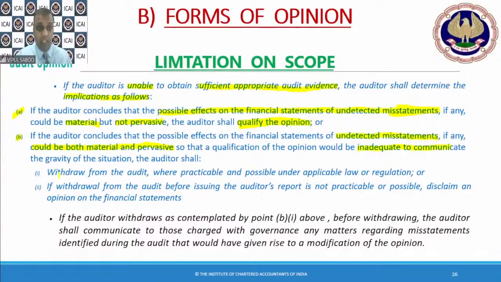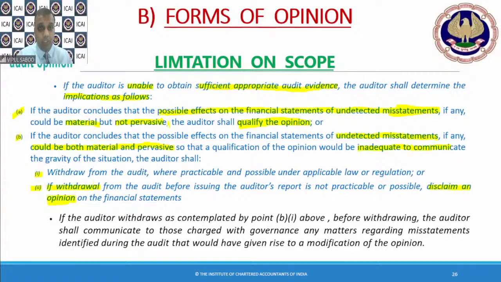So either he will withdraw from the audit, if possible under the applicable law. If he cannot withdraw at this point of time from that engagement, he has to issue his audit report. He will disclaim his opinion.